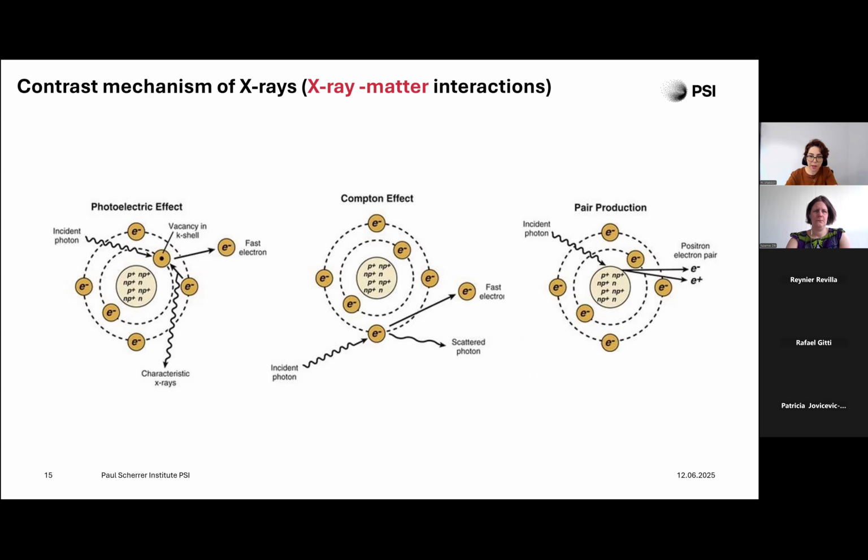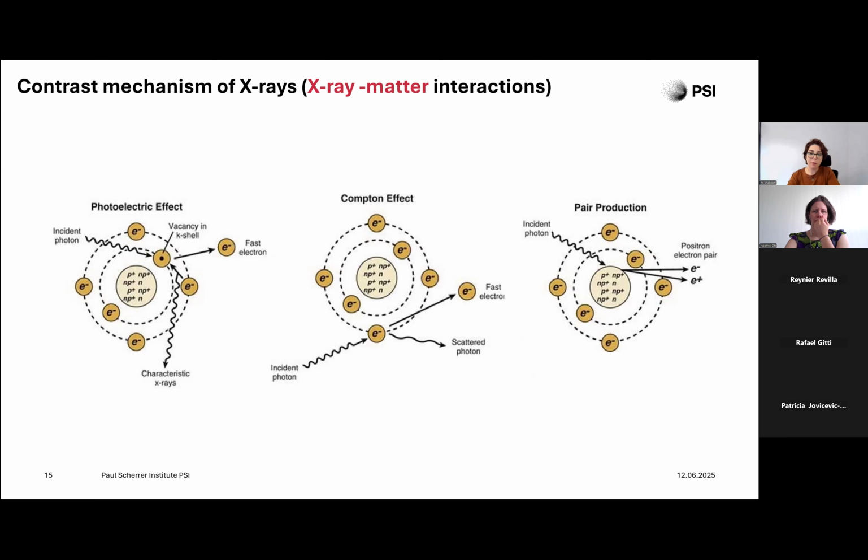Compton scattering happens at intermediate energy levels of the X-ray spectrum, where X-ray photons scatter off loosely bound, nearly free electrons, transferring part of their energy to the electron and emerging at a lower energy and altered direction, producing a continuum of scattered photons. This is the most common thing that happens, which is basically the contrast mechanism.